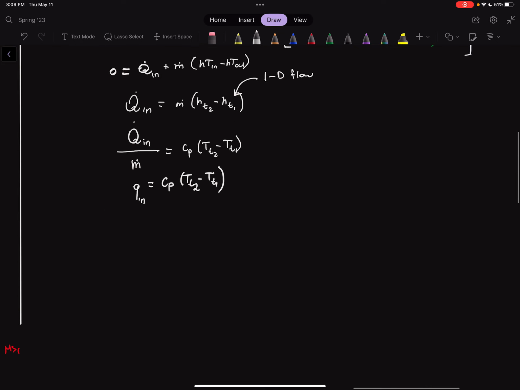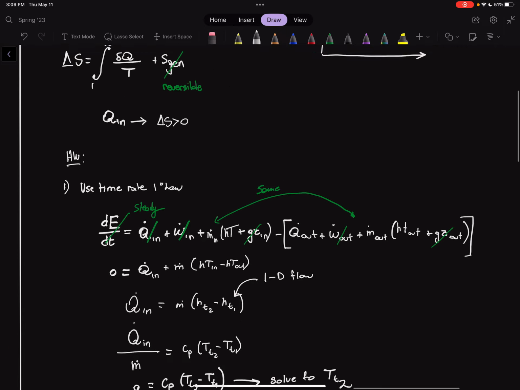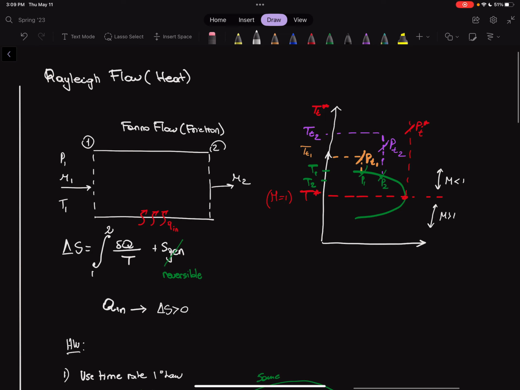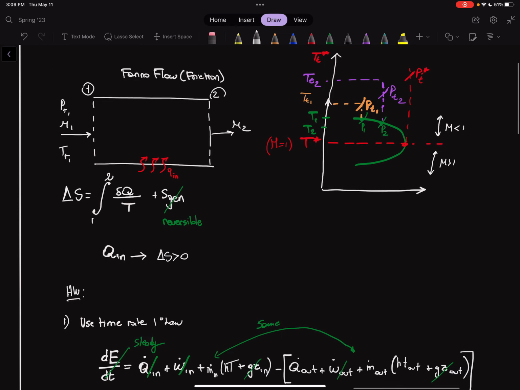Here what they give is M1, PT1, TT1, and q in. And you want to find M2, TT2, PT2.